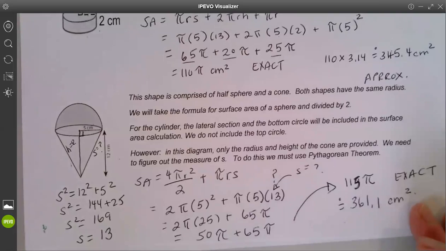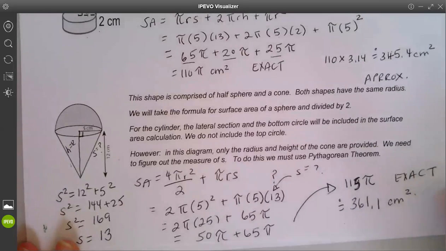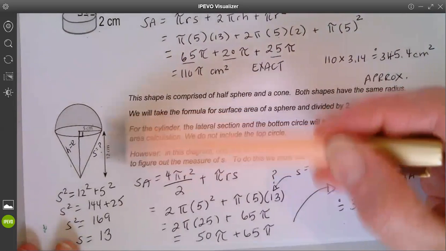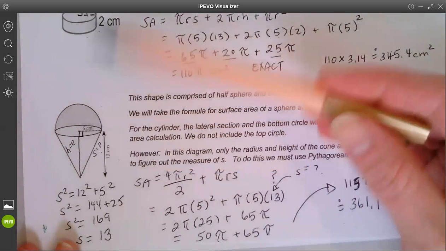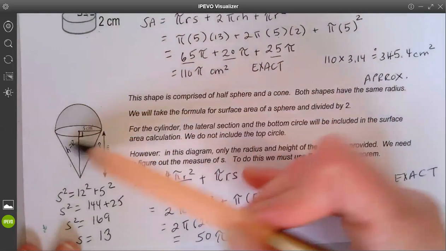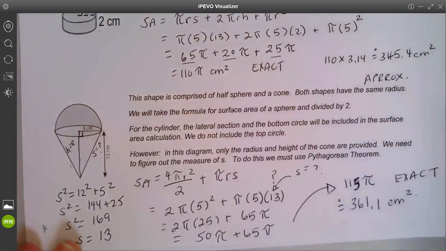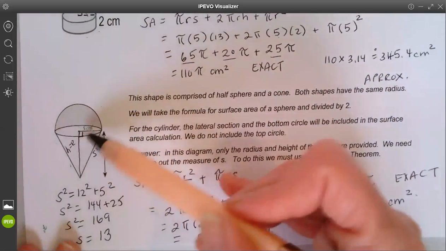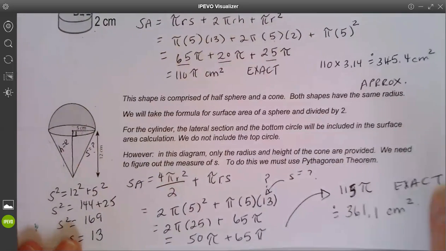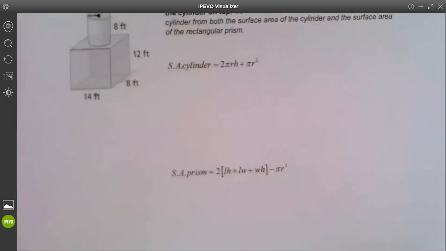Okay. So the three examples that we've looked at so far have common pieces. So in all these cases, the shapes shared a common radius. Okay, and the opening piece matched up exactly. Okay, so this was a circle that was common. There was a uniformity in where the two shapes mixed up. In our last example, things are going to be a little bit different.